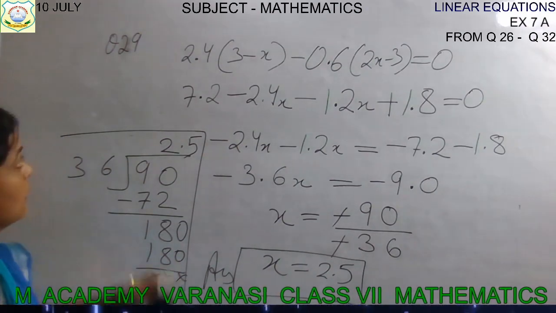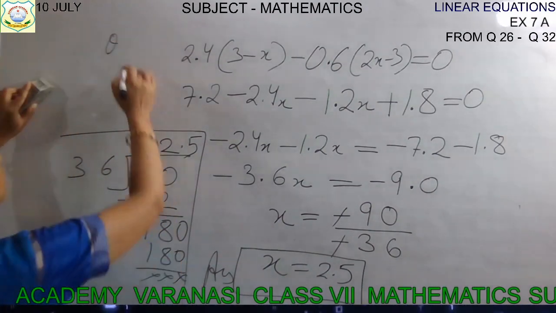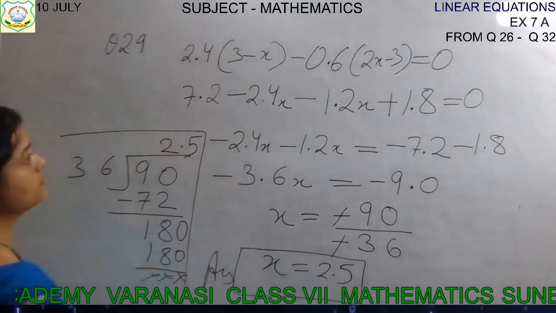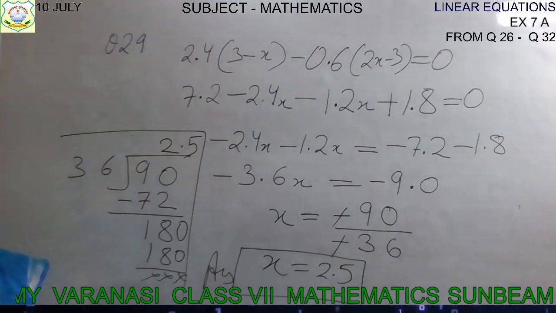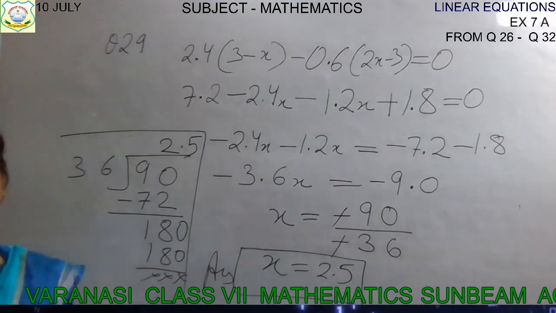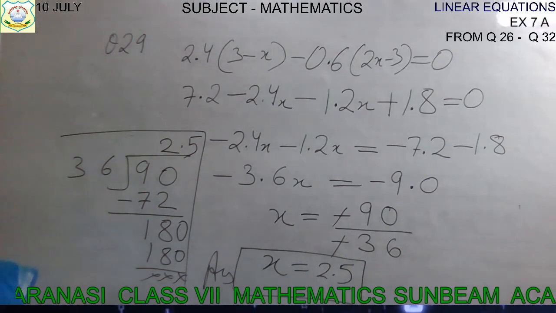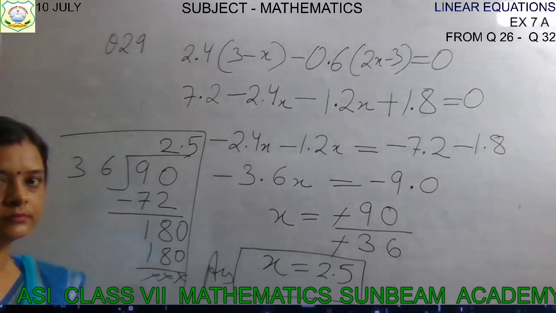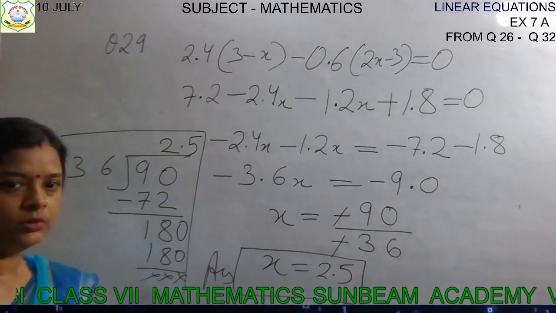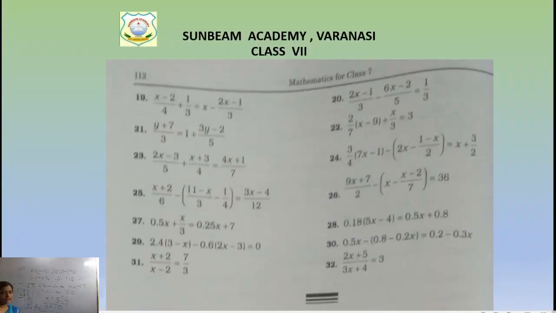See, it's not looking nice, so I am erasing it. Question number 29. Okay. Quickly see this question, then we will move ahead with the next question. I think it is clear to you. Okay. Now see the next question. Next question is 31.